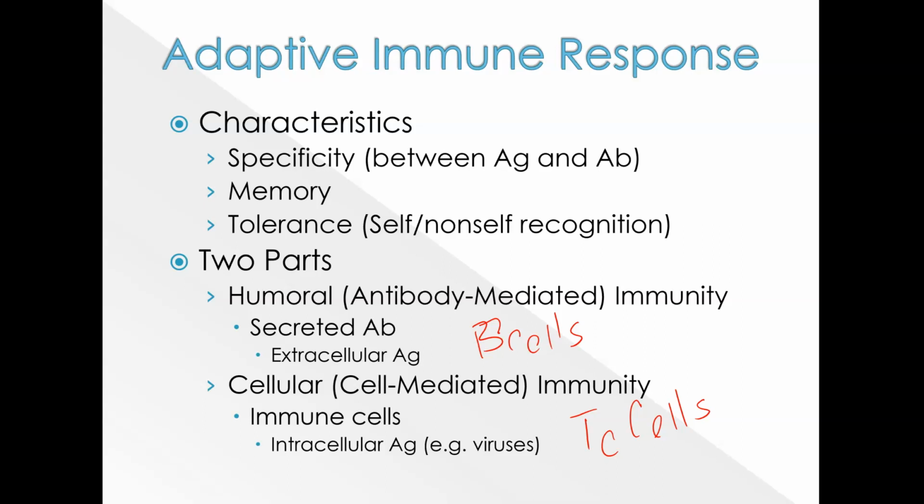Whereas if we have cell damage or cancer or harm that is happening within our cells, or a viral infection, for example, if the virus is inside of our cells already, not outside, then that response is mostly mediated by these cytotoxic T cells and our cell-mediated immunity.